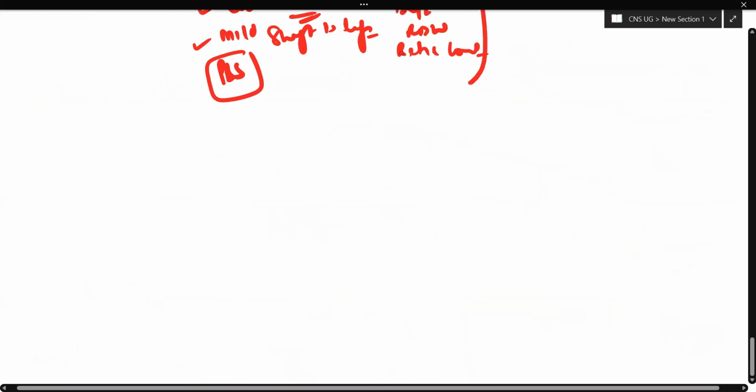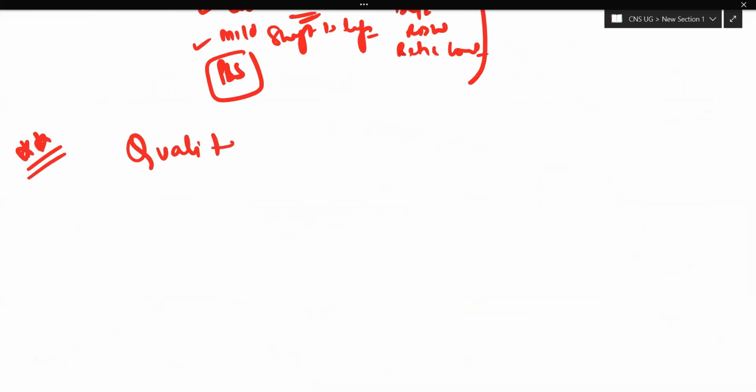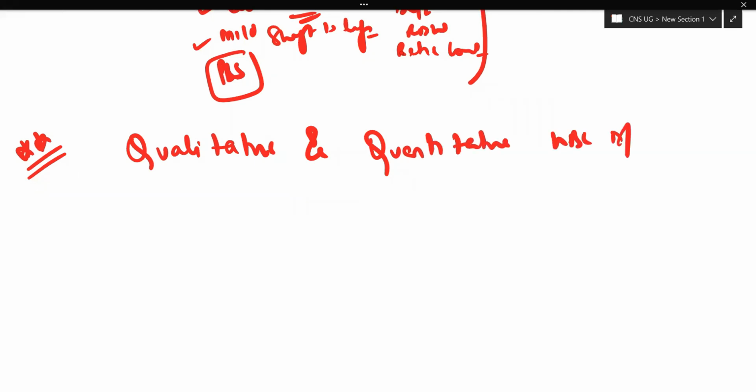Now, one more very important chapter that you should read from Kothalkar is qualitative and quantitative WBC disorders. Qualitative means if there is any defect in the neutrophil function or WBC function. There are multiple disorders, and a separate chapter is also given in Kothalkar.